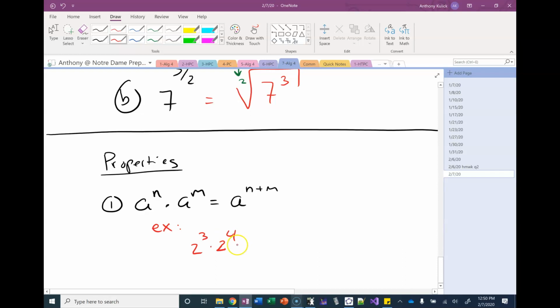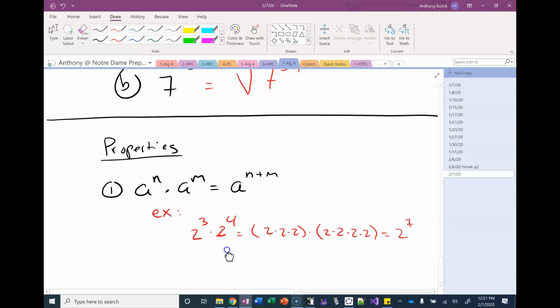Well, if I have 2 to the third times 2 to the fourth, I have 3 2's times 4 2's. That gives me 7 2's, right? Everybody okay with that idea? So just a little bit of an explanation as to why that works.